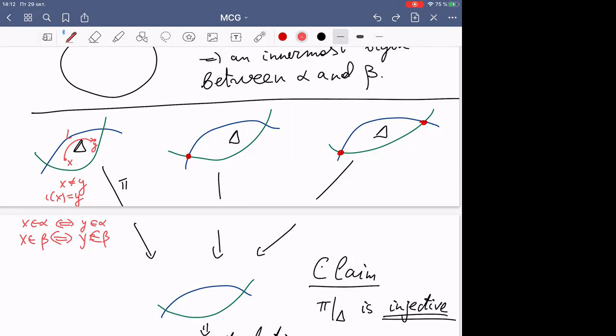If they are both intersection points, let us consider these 4 cases separately. So this one is x and this one is y.